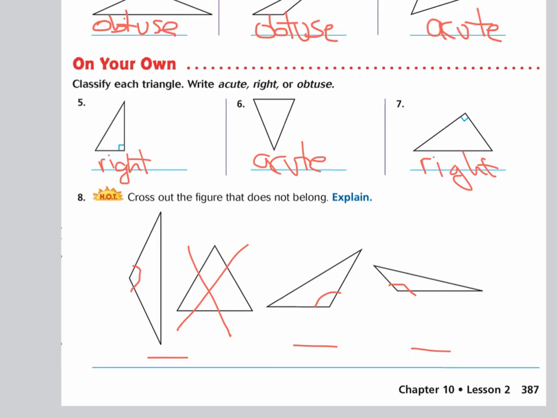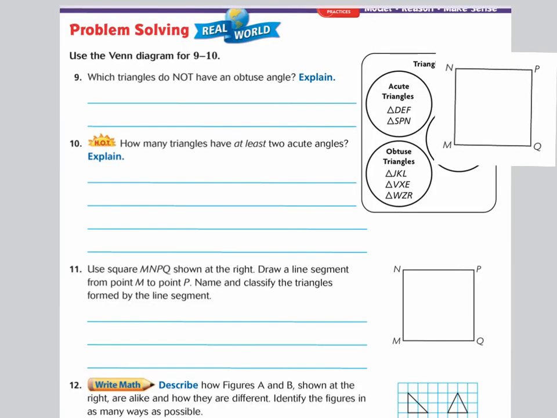Let's go ahead and flip to our last page, 388. Okay guys, on page 388, question number 9, it says, which triangles do not have an obtuse angle? And you're supposed to use the figure on the right-hand side. So again, which triangles do not have an obtuse angle? Well, only obtuse triangles have obtuse angles.